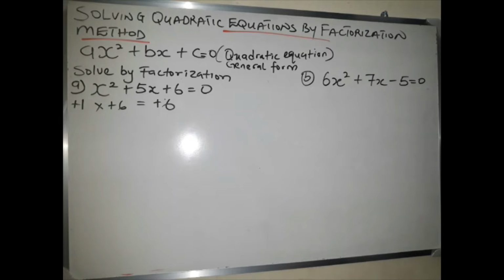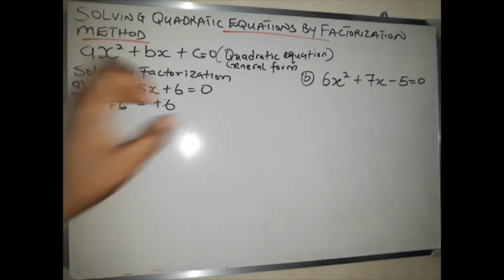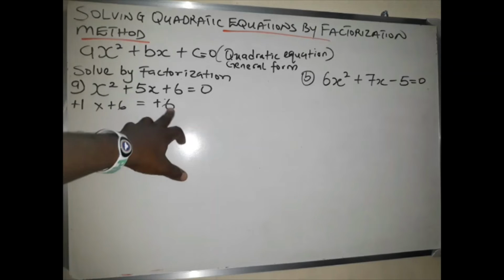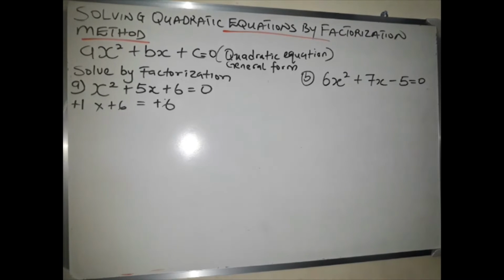I say it again: first, you multiply the coefficient of x squared with your constant. Then, whatever you get as the answer, you look for two factors that when multiplied together give you plus 6, but when added together give you plus 5.